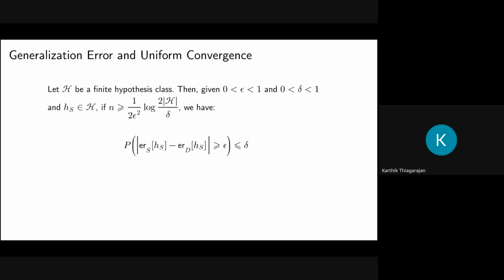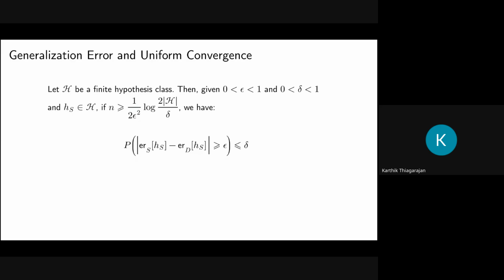So what is this telling you? This is telling you that the probability that the train error is a bad proxy for the test error is small. But when will this happen? That's the other part. That will happen when you have enough samples. This is not always going to happen. If you forget this for a moment, then the theorem is not really true.